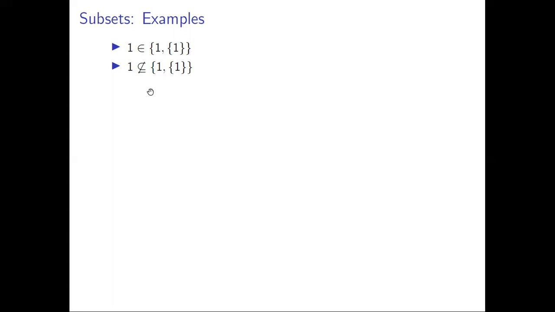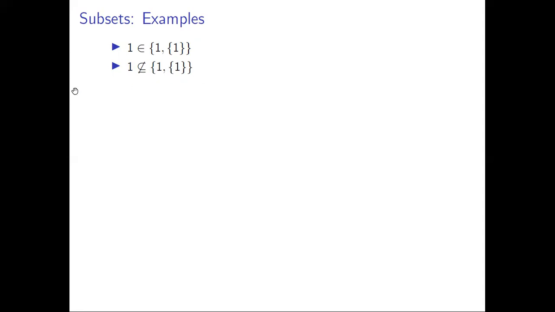So why is it not a subset? Well, the answer is that 1 is not a set. The number 1 is just the number 1. It's a plain 1. It's not a set. In order for something to be a subset of something else, it must be a set, right? So if I want to say that A is a subset of B, A must itself be a set. But here, this 1 is not a set. So therefore, it's definitely not a subset of the set 1 comma the set 1.